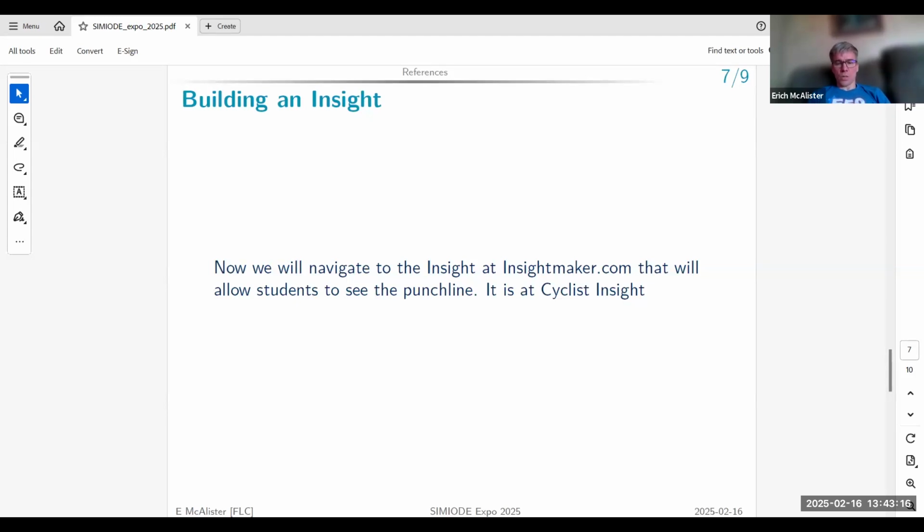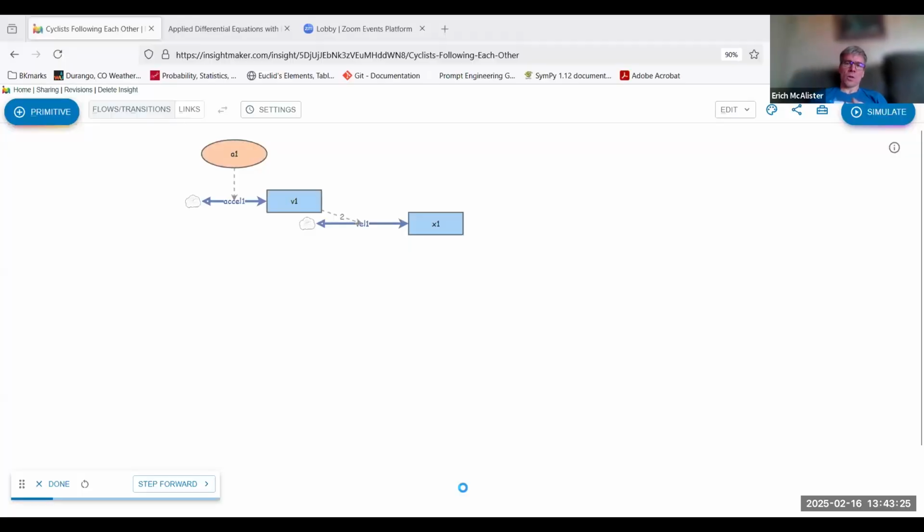We're going to follow along through this. I'm going to stop sharing that and share Insightmaker. Insightmaker uses stock flow modeling, or compartmental modeling, to build differential equations. I'm using one of the features, storytelling in Insightmaker, to build this.